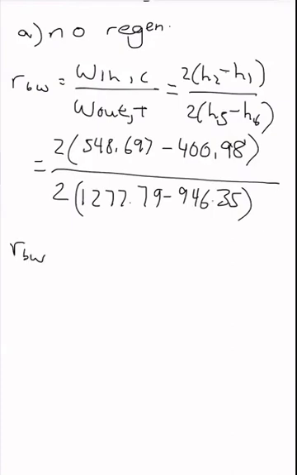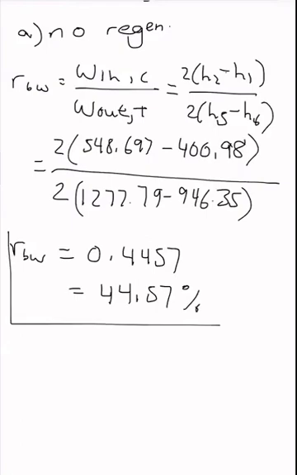So the backwork ratio then equals 0.4457 or 44.57%. And the backwork ratio doesn't vary depending on if you have a regenerator or not. So this is the same backwork ratio for both parts of the problem.